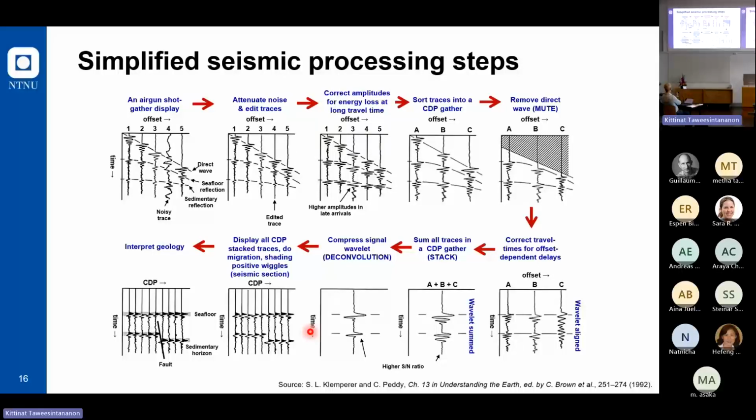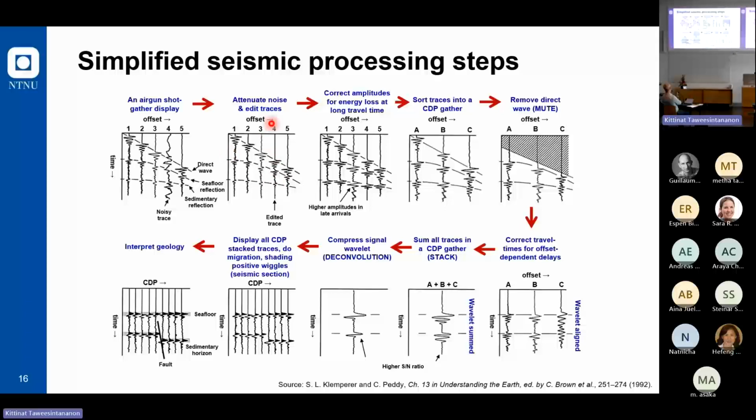So this is a simplified seismic processing step. First, I show just one shot gather. You will have a direct wave event as a linear event, and you have a seafloor reflection and some sedimentary reflection. What we need to do first is to attenuate noise that we don't need. Because this is seismic reflection processing, we keep only reflections to build the seismic image.